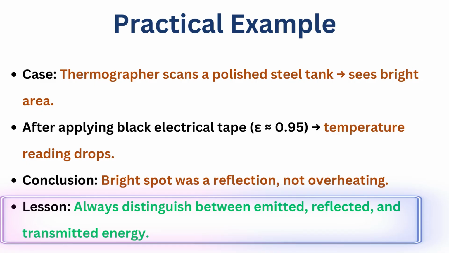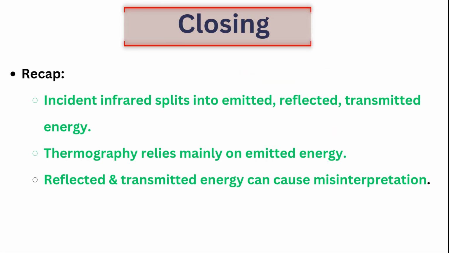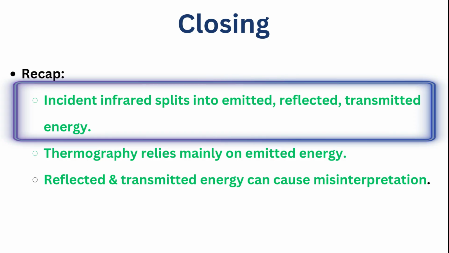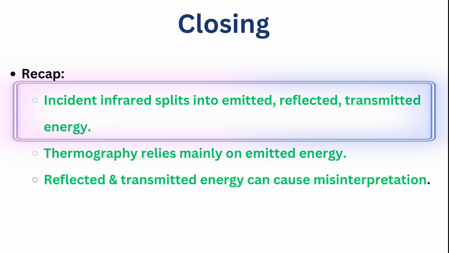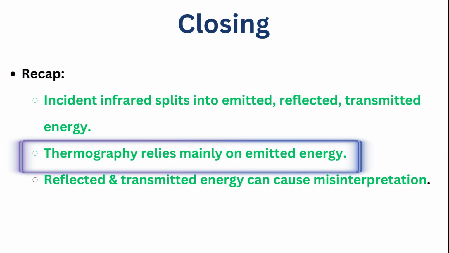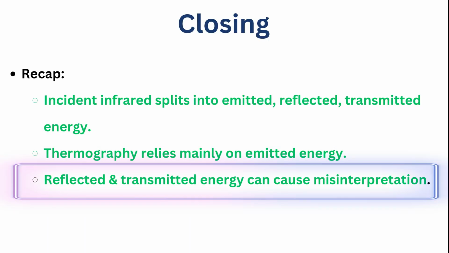Okay, so I believe we have covered this topic, so let's summarize it. The important thing we have learned here is that incident infrared energy always splits into three factors: emission, reflection, and transmission. We also learned that thermography mainly relies on emitted energy, but reflected and transmitted energy can mislead us.